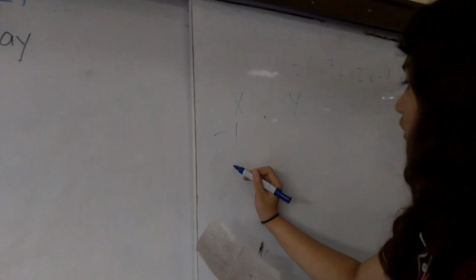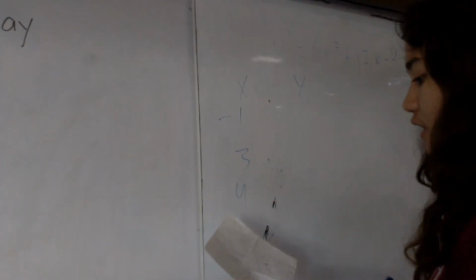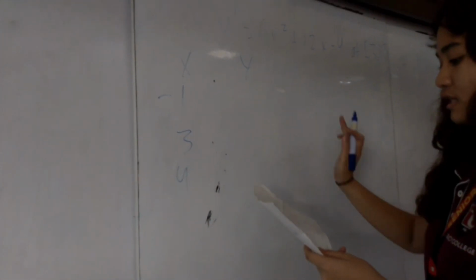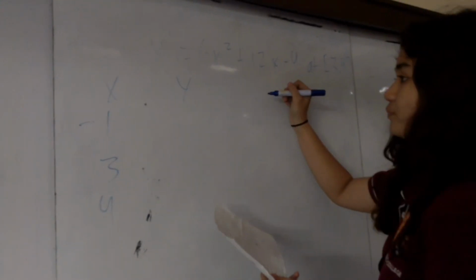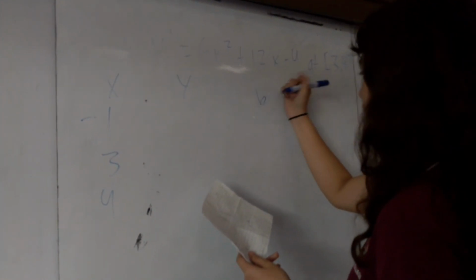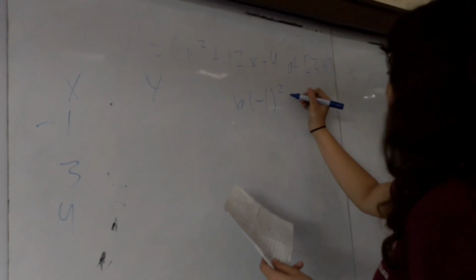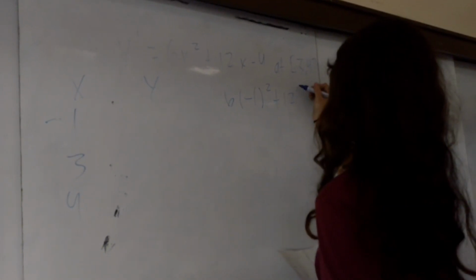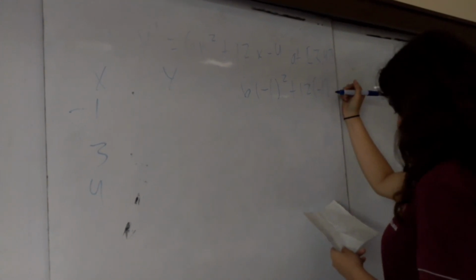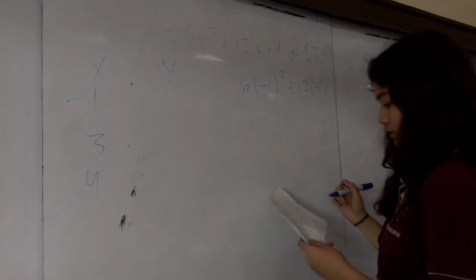To get the maximum and minimum point of this equation, we use this table. For the x, we have negative 1, positive 3, and positive 4. Then we substitute the negative 1. We have 6 times negative 1 squared plus 12 times negative 1 minus 4.